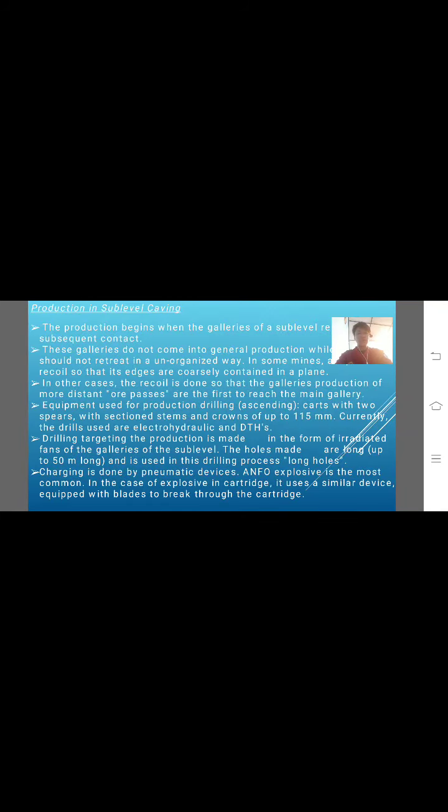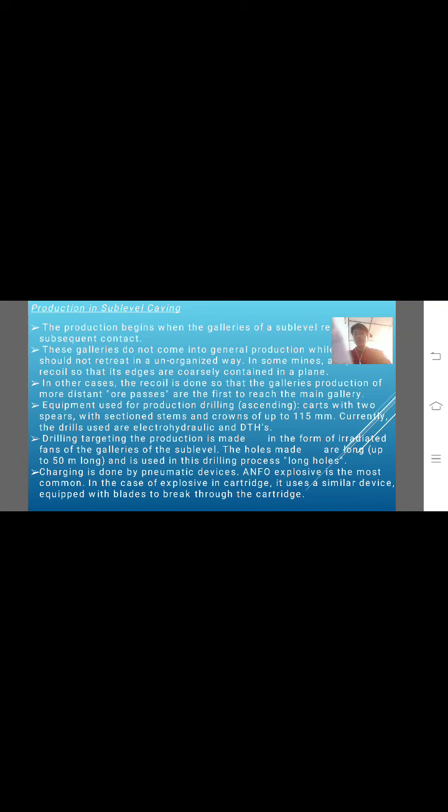In case of transverse sublevel, the crosscuts traverse the deposit going to the hanging wall, and development is taken at the footwall. Coming to the production of sublevel caving, it begins at the galleries reaching the contact.